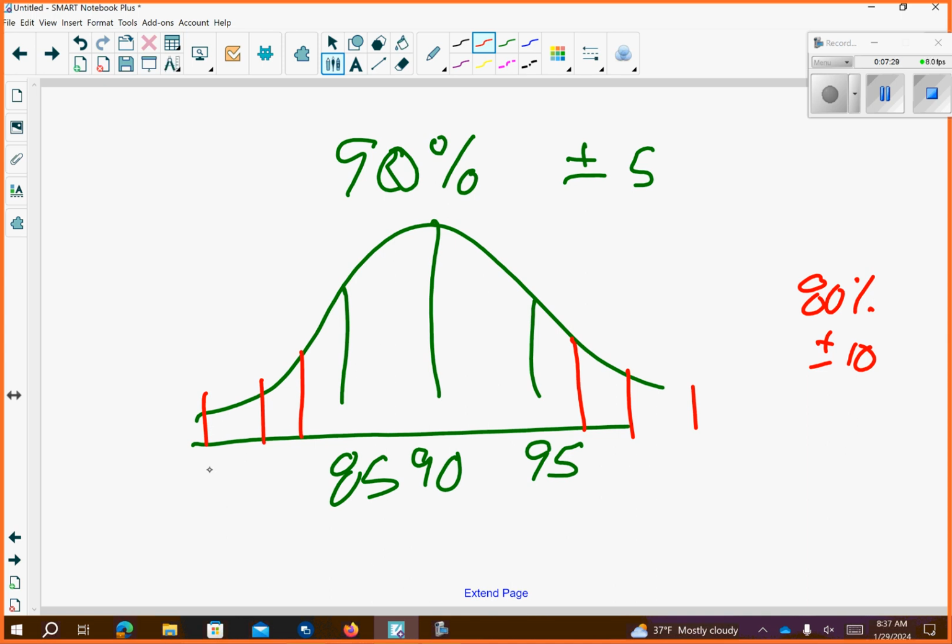Let me ask you this. If someone were to say, hey, I'm 99.9% sure, that's a confidence interval. We're almost 100% sure. What that basically means with the normal curve is I have to really spread out the region of the area under the curve that I'm looking for.